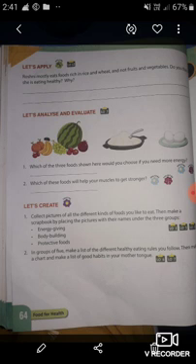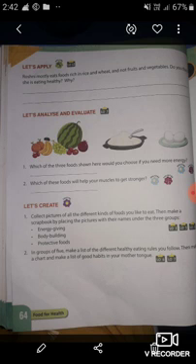Then make a scrapbook by placing the pictures with their names under the 3 groups. So students, then you have to place those pictures with their names in your scrapbook, and paste each under the food group to which it belongs.